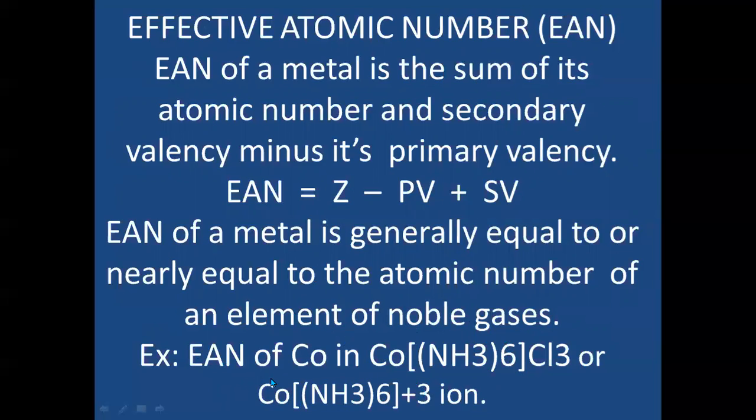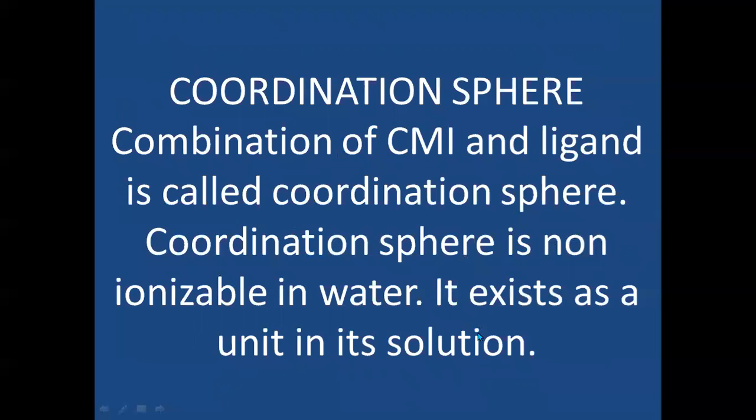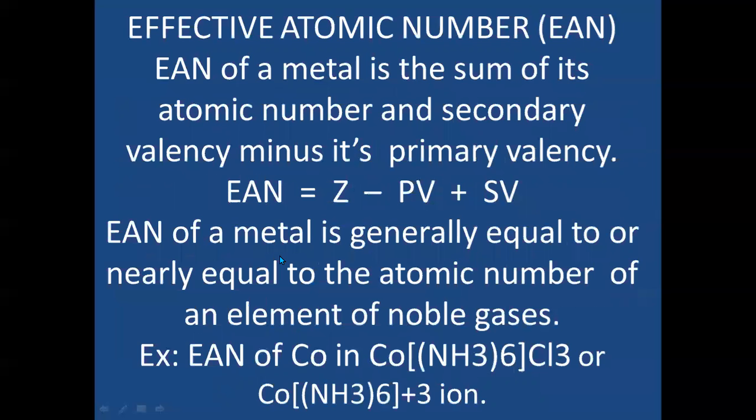Every other element tries to achieve the electronic configuration of a noble gas. Here also, cobalt, which is forming a coordination compound or complex, tries to achieve the electronic configuration of a noble gas like krypton so that it becomes stable. So generally, the EAN of a metal will be either equal or nearly equal to the atomic number of a noble gas.